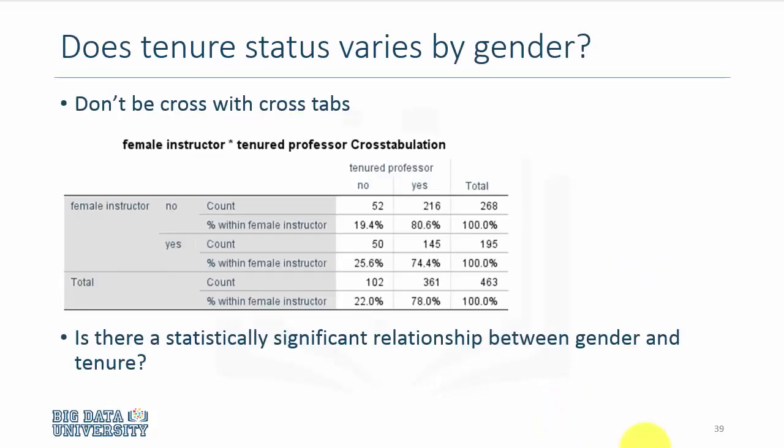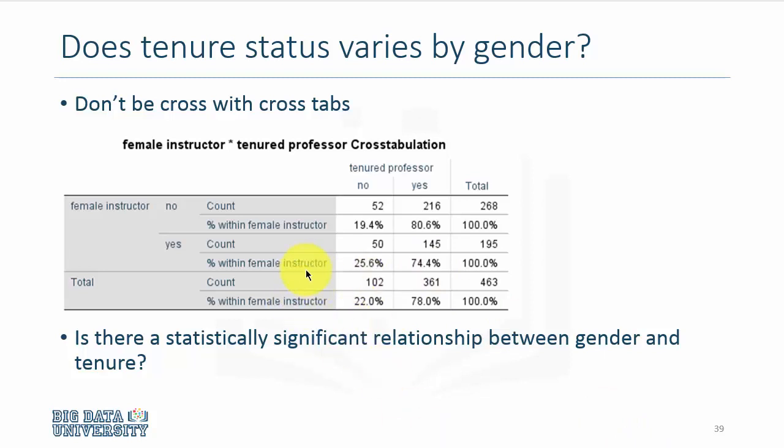If we have two categorical variables, we can do a cross tabulation between the two, and it will reveal some very interesting insights. For example, if you're interested in the question of whether tenure status varies by gender, we do a cross tab between female instructors and tenured professors, and the result is presented here.